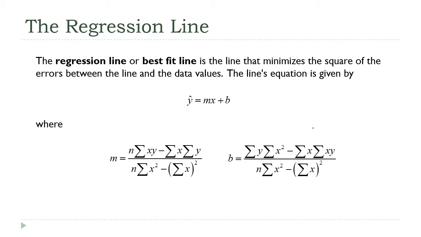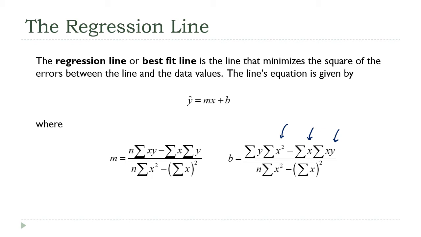We're adding up the x's, we're adding up the squares of the x's, we're adding up the products of the x's and the y's, and then you're doing this very messy calculation with them. And if you watch the correlation lecture, my feelings about these formulas are the same as they were for the formula for the correlation coefficient.